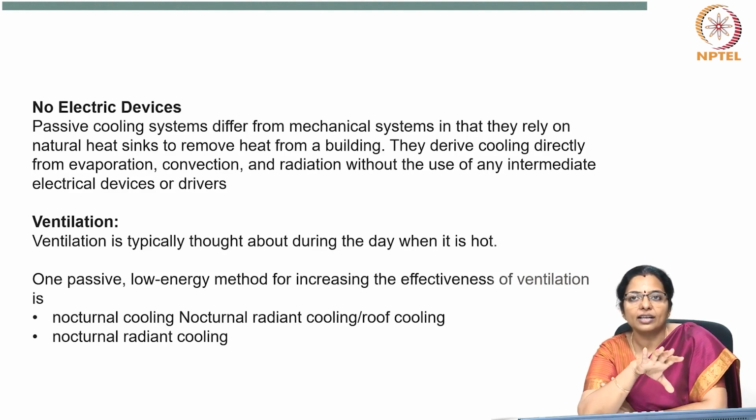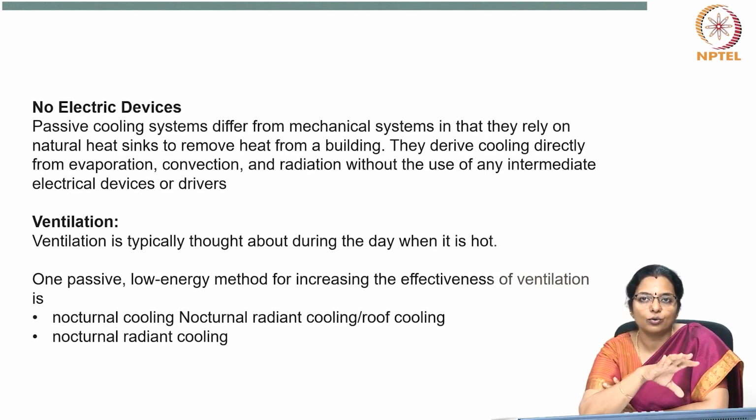So, for nocturnal radiant cooling or roof cooling, this technique can be used. The coldest environmental heat sink available is the night sky. This important resource for passive cooling systems is as much as 30° Fahrenheit below ambient air.